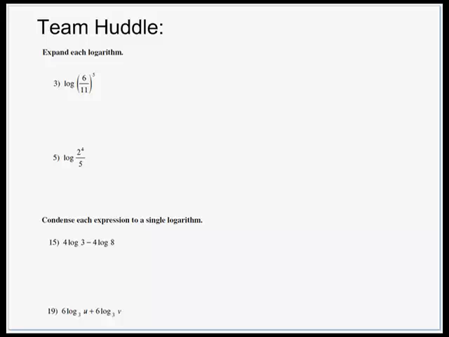Okay, what do we do first here? Well, we got this outer exponent. I would distribute it to the numerator and denominator. So that's going to become the log of 6 to the 5th divided by 11 to the 5th. And now we have two things being divided, so we can turn that into the log of a difference.